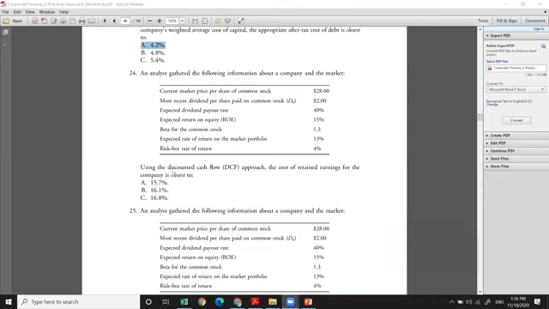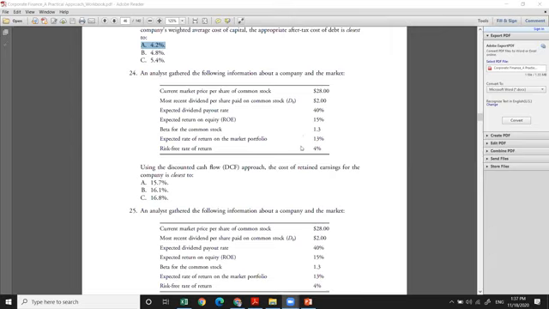We are given the current market price, dividend, expected return, dividend payout ratio, and beta for the common stock and expected return for the market.